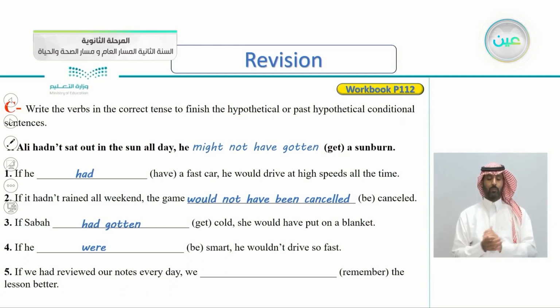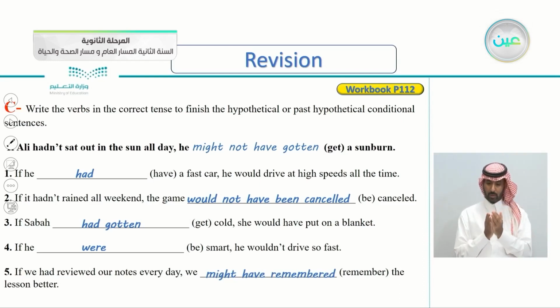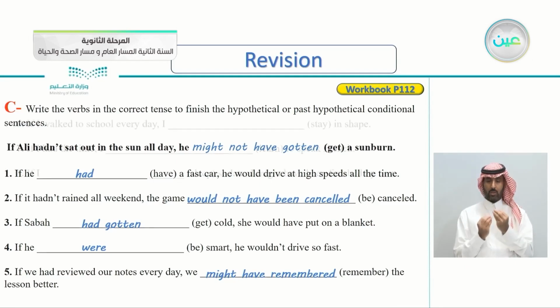If we had reviewed our notes every day, we might have remembered the lesson better. We can't say would because we're not 100% sure that we would remember, so that's why we used might.